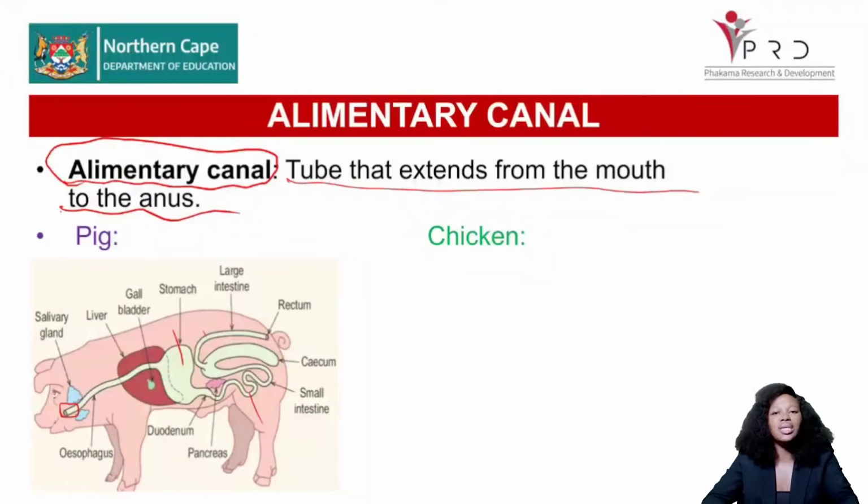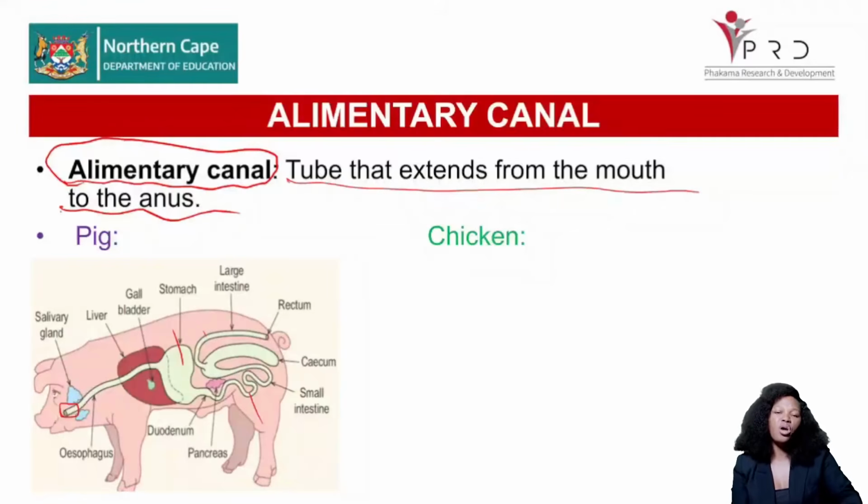The small intestines are divided into three parts: firstly the duodenum, secondly the jejunum, and the last one the ileum. The large intestines are also divided into three parts: the first is the cecum, the second the colon, and the last the rectum. So this is how the digestive system of a pig looks.